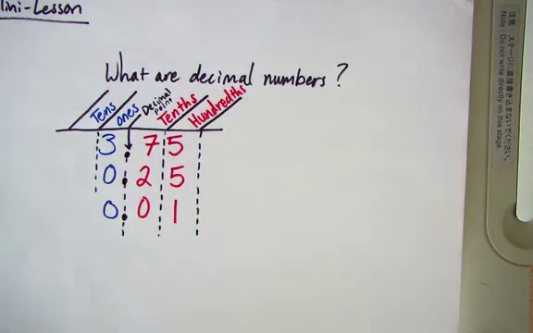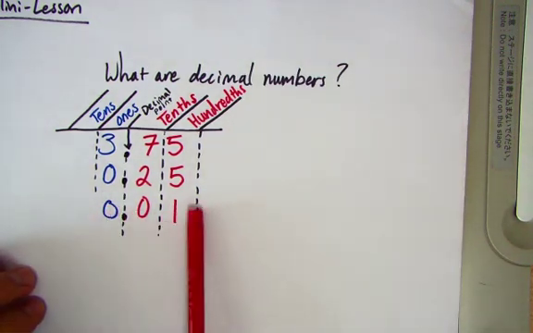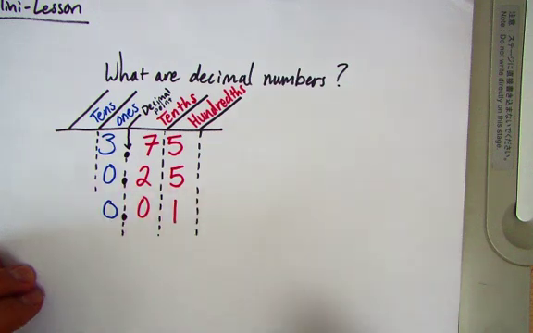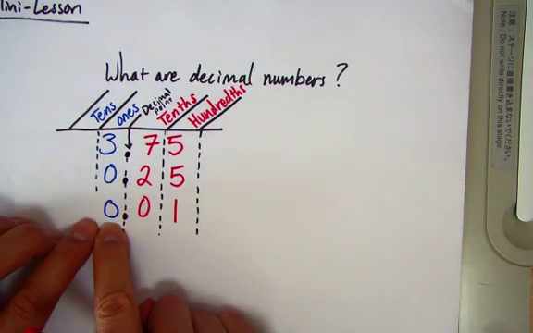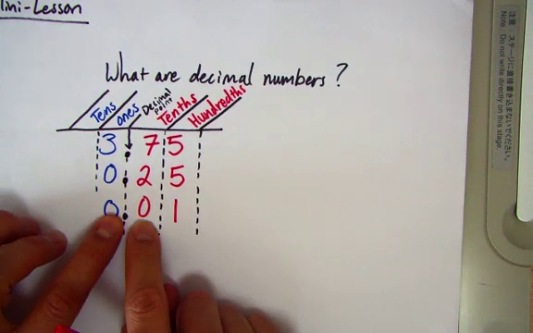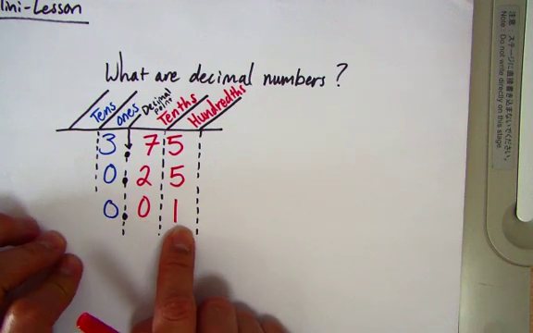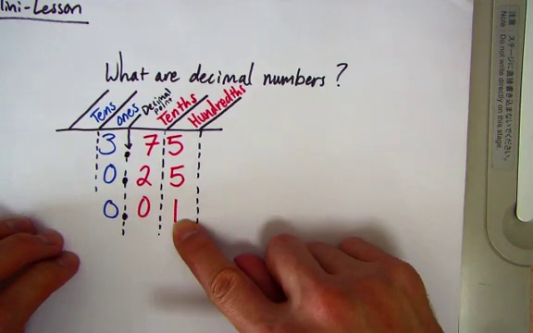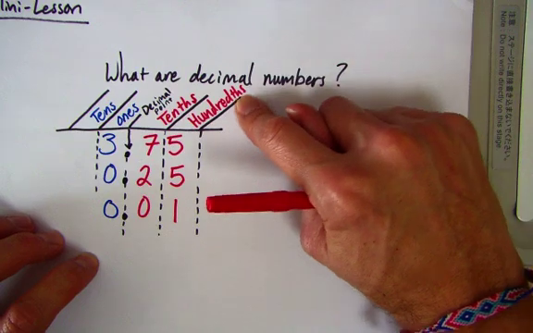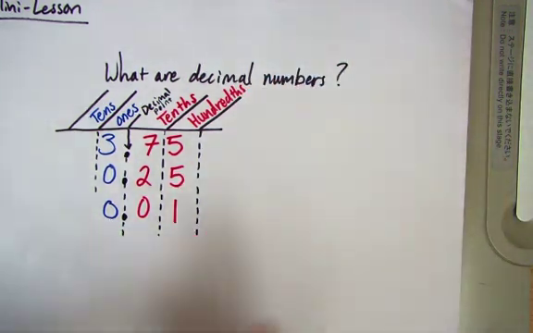Okay, so let's figure out how to say this decimal number. I don't say anything for the ones, nothing for the tenths, but there is something in the hundredths. So actually what I say is 1 hundredth. No S this time. 1 hundredth. That's how I say that.